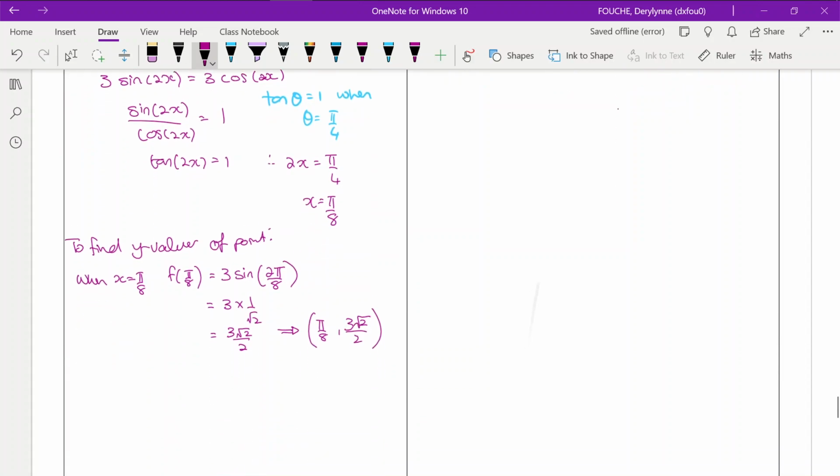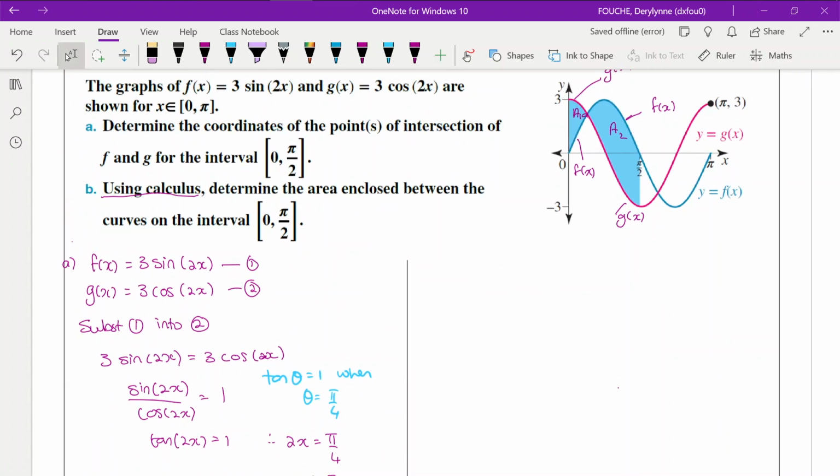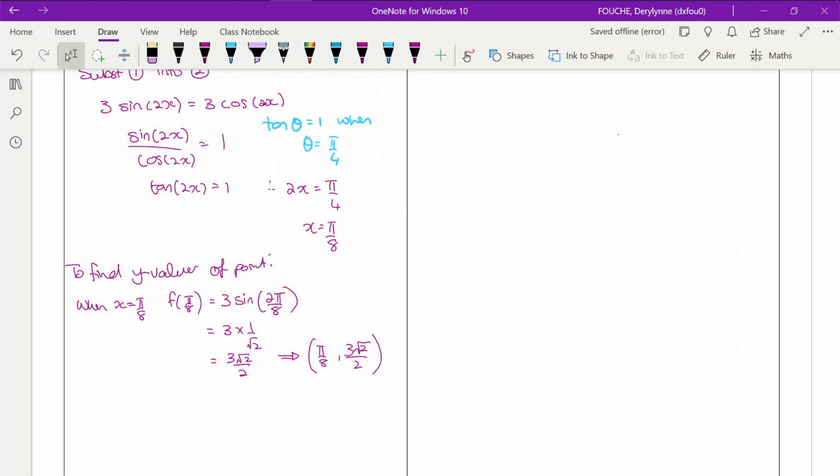All right, now I can start integrating. Notice I'm going to have my total area is area 1 plus area 2. My first integral will be from 0 to pi on 8. My second integral will be from pi on 8 to pi on 2. Okay, so I start off saying my total area is area 1 plus area 2.